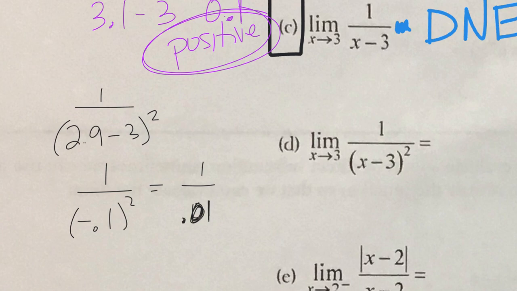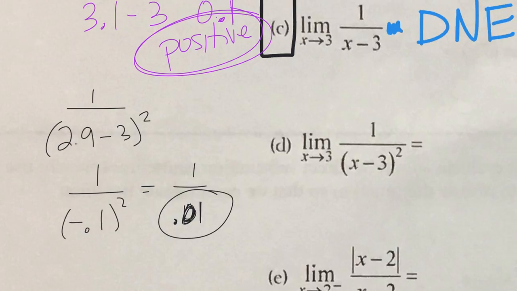But the fact that it's a positive is the important part. Anytime you square something, we're going to get a positive. In other words, we're never going to get a negative in this denominator. So will our y values ever be negative? No, because squaring things makes them positive.